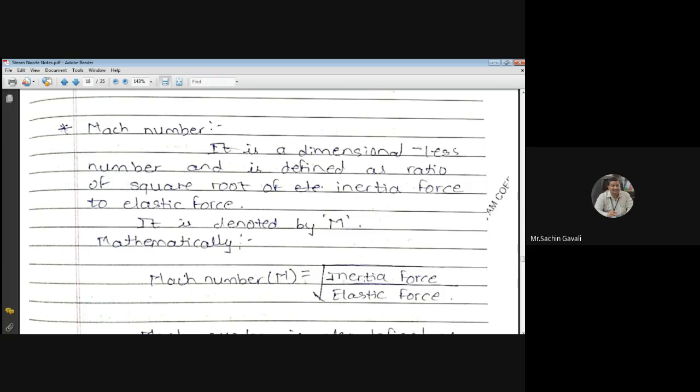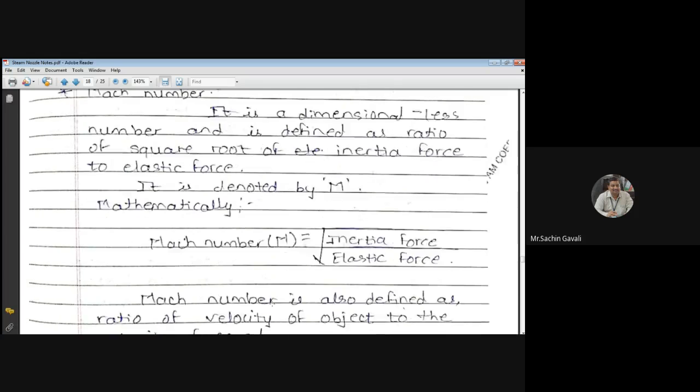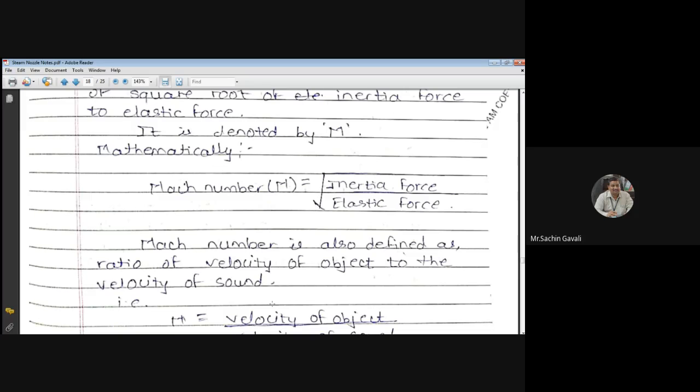It is denoted by capital M. Mathematically, Mach number in bracket capital M is equal to square root of inertia force to elastic force.